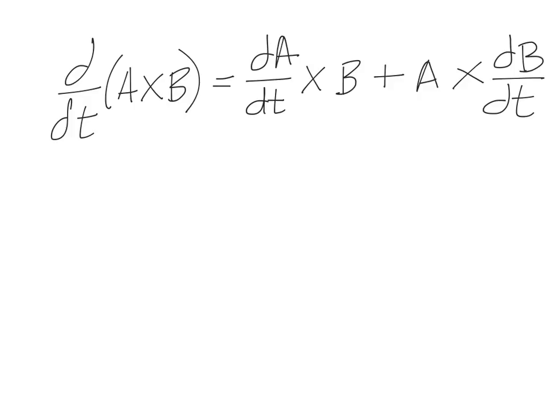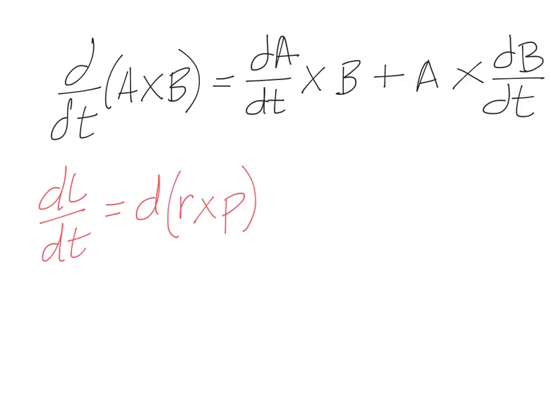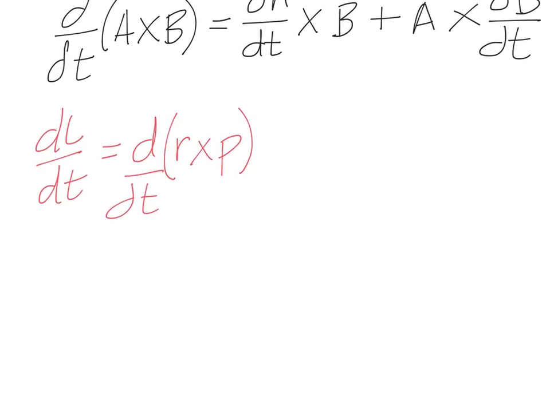So let's try to apply it to the system where we're doing dL dt. When we're doing dL dt, we're actually doing d of r cross p, with respect to time. So let's try to write it out in that form. Let me just move this up here to give us a little bit more room.